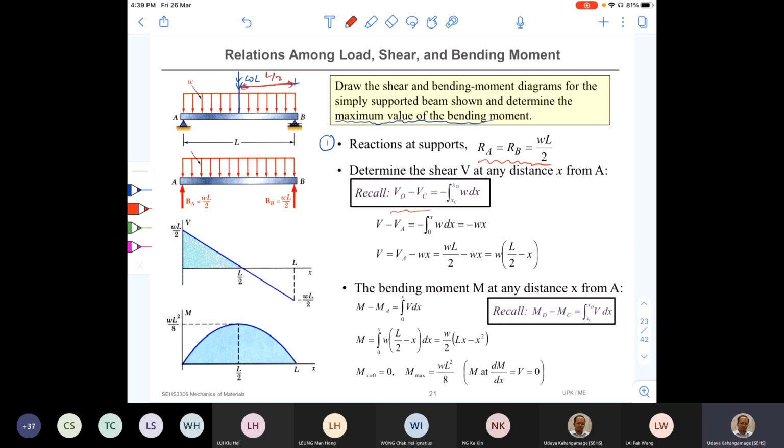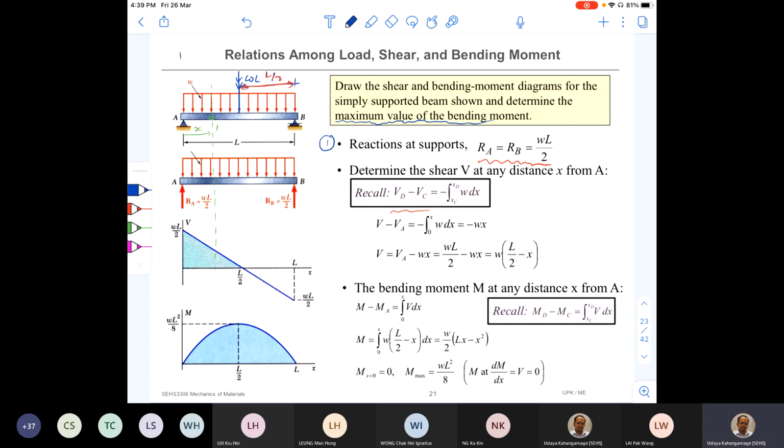Now I'm going to connect what I'm telling with some equations. So we'll use the same method of sections that we used before. We'll cut the beam at a point, let's mark this as 1, and the distance to this point is x.